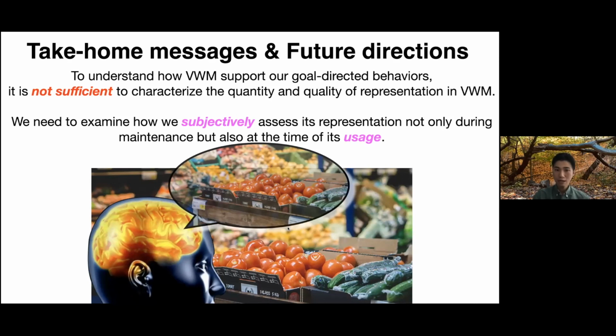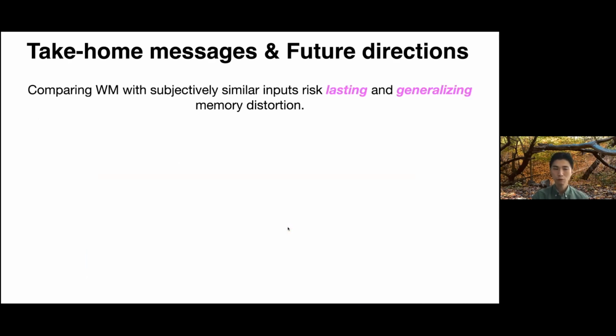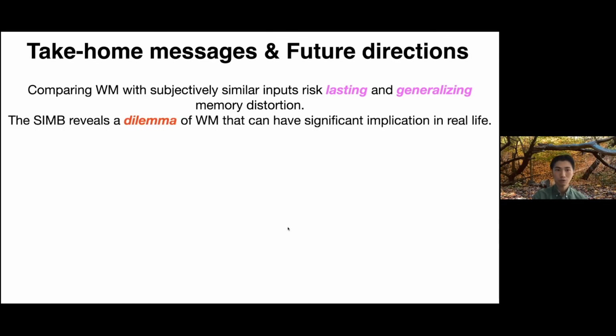Why? Well, at the end of the day, what influences our behavior is our subjective assessment and the usage of that memory representation. Also, to be more specific, comparing a working memory representation with subjectively similar inputs risks lasting and generalizing memory distortion, right?